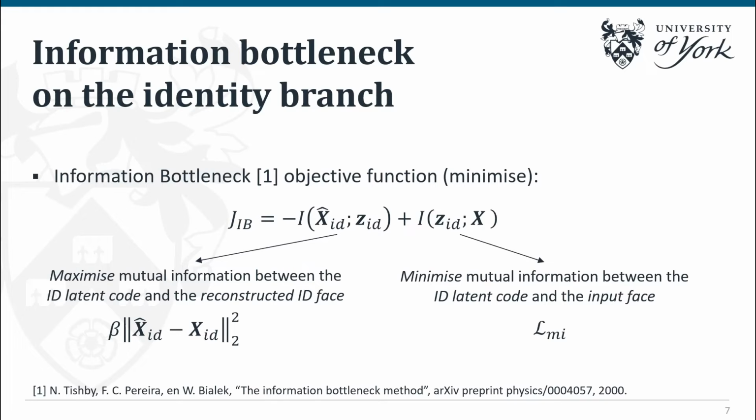The right-hand side one minimizes the mutual information between the identity latent code and the input face. We directly estimate this term via a batch-based sampling method, thus forming a mutual information regularizer LMI, resulting in a more compressed identity latent code.